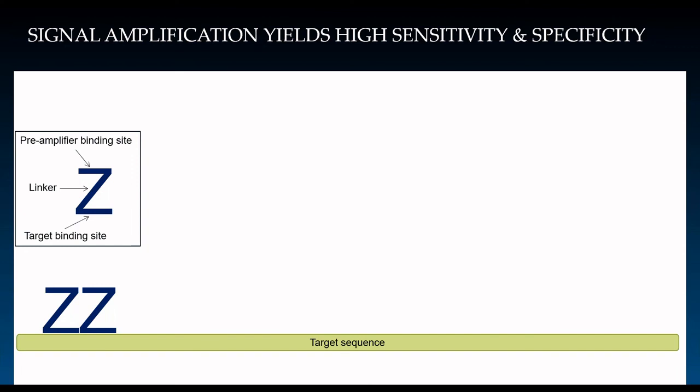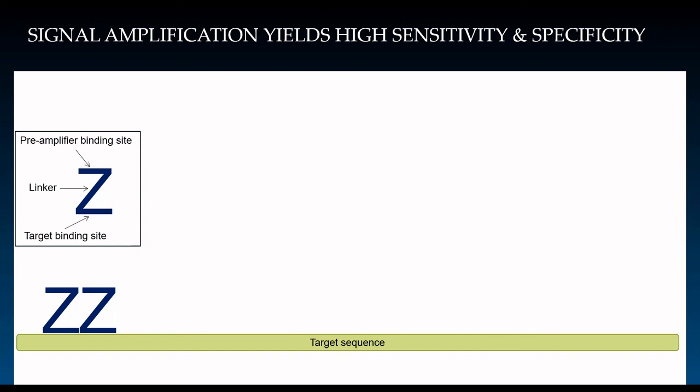The target binding region is where your probe will bind onto your target transcript of interest. You have a pre-amplifier binding site, which is where the amplification tree will form. And then you have your linker region that connects these two regions of the probe.